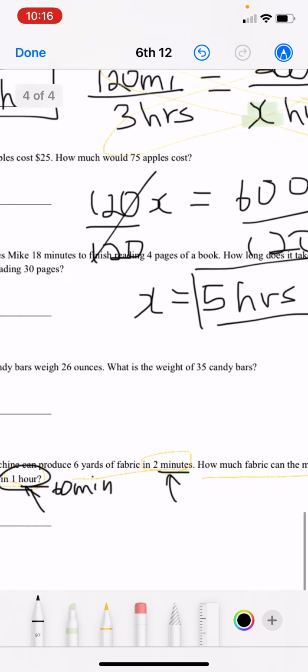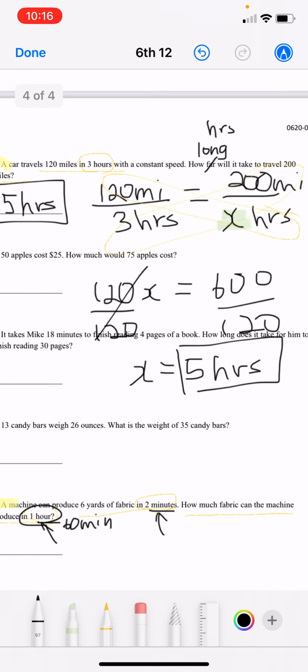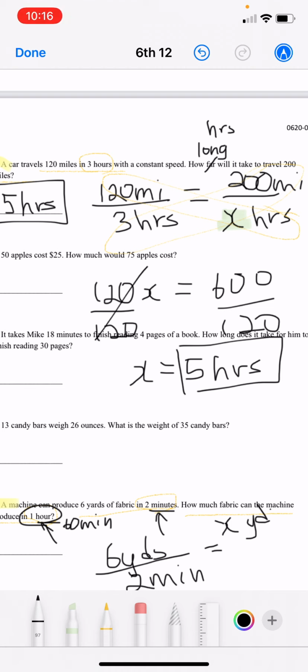So again, let's set up a proportion. We're producing 6 yards of fabric in 2 minutes. How many yards of fabric can we produce in 1 hour, which is 60 minutes? Again, just cross multiply. So 6 times 60, 360, equals 2x.